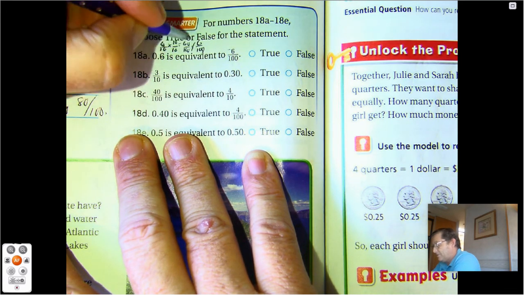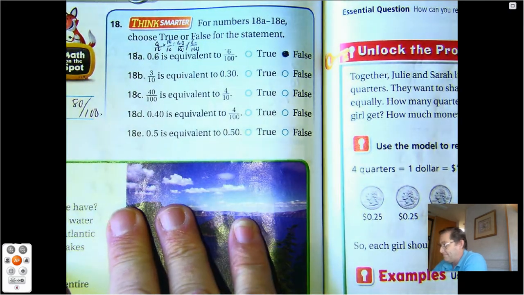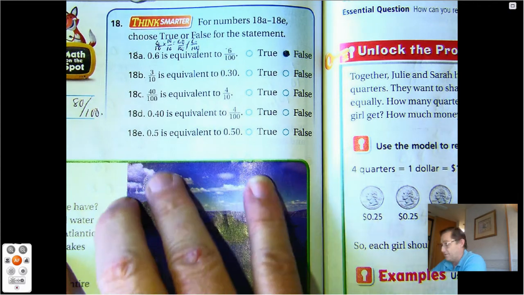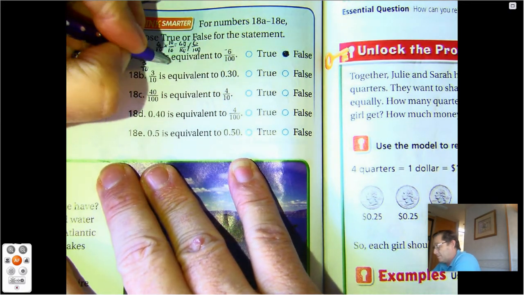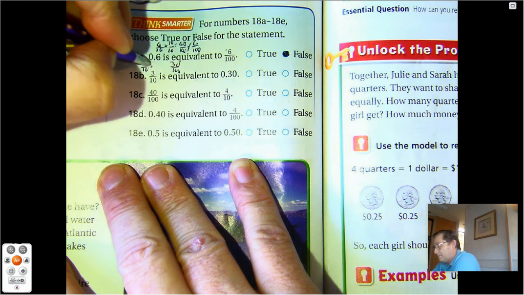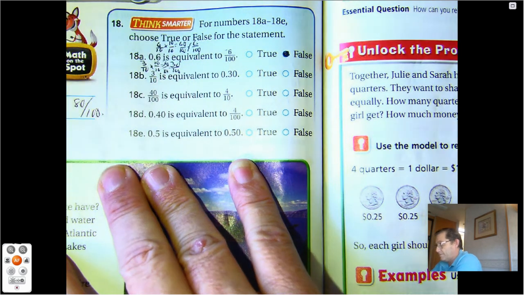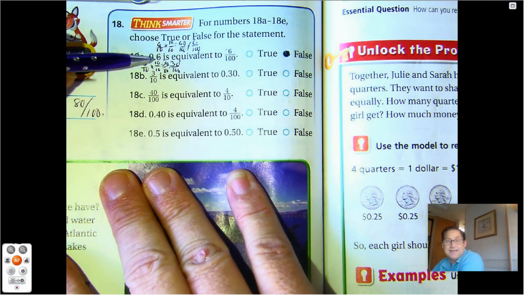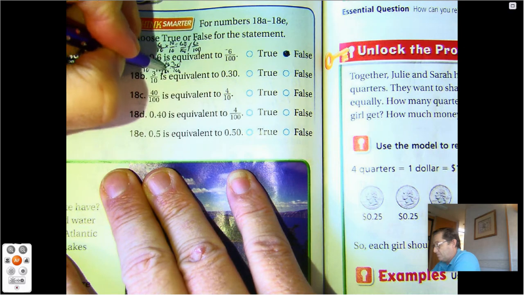So 60 hundredths is not the same, so false. 3/10 is equivalent to 30 hundredths. If I multiply 3/10 by 10 over 10, I get 30 hundredths. So that's true.